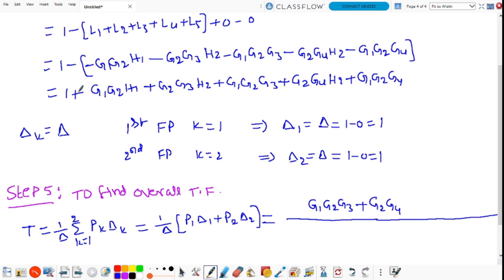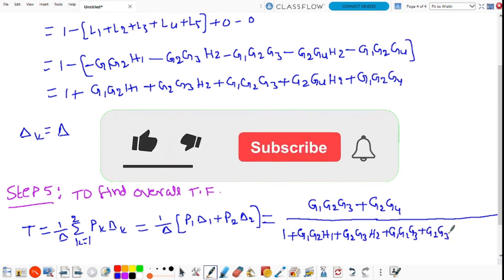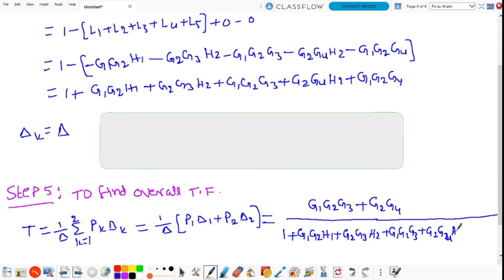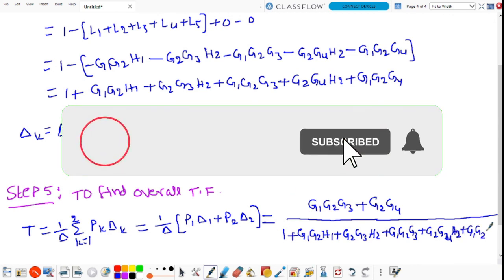This is the delta value: 1 plus G1 G2 H1 plus G2 G3 H2 plus G1 G2 G3 plus G2 G4 H2 plus G1 G2 G4.